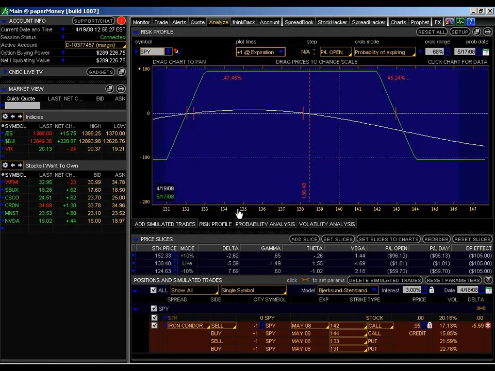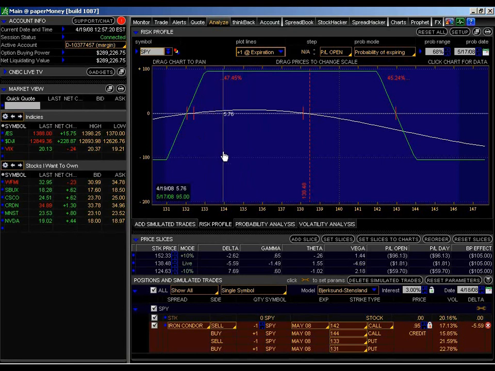The prices of the underlying are on the horizontal axis, and our profit and loss is on the vertical axis. As long as the price stays from 132, maybe 10 cents, all the way up to around 143, we will have a somewhat profitable position. Our most profitable position will be if the underlying remains within around 142 to about 143.